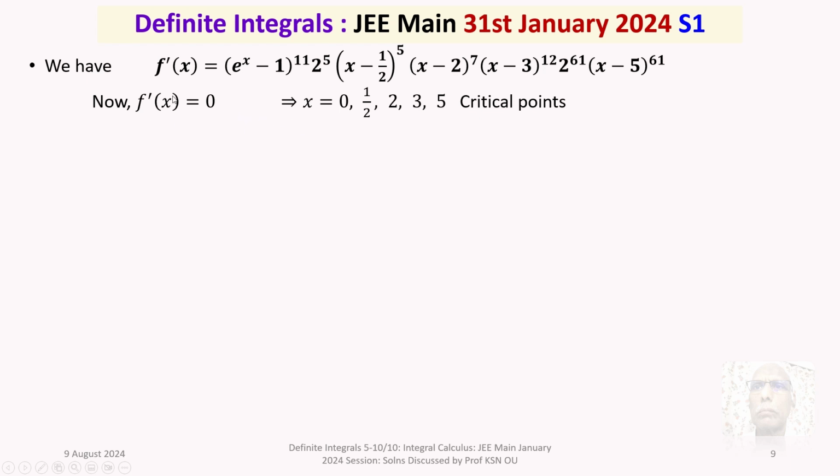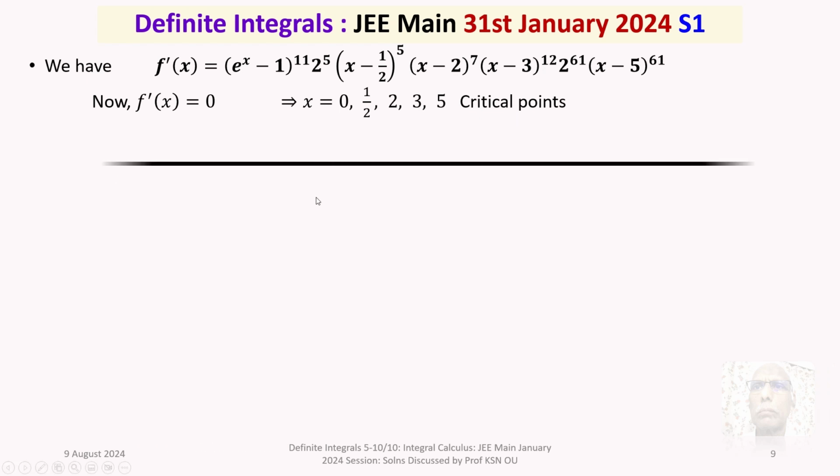For critical points, we equate the first derivative to 0. We got these critical points. Now, what is the behavior of f prime x while crossing these critical points? Let's take the real axis and mark the critical points: 0, 1 by 2, 2, 3, and 5.